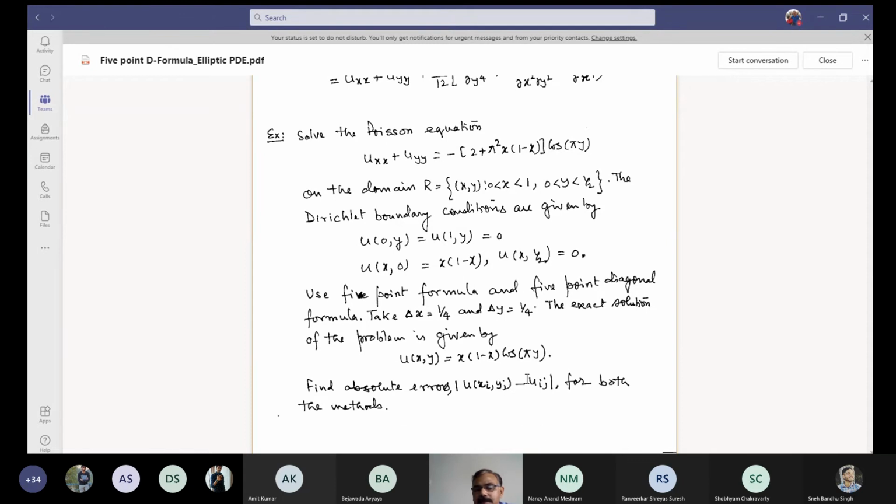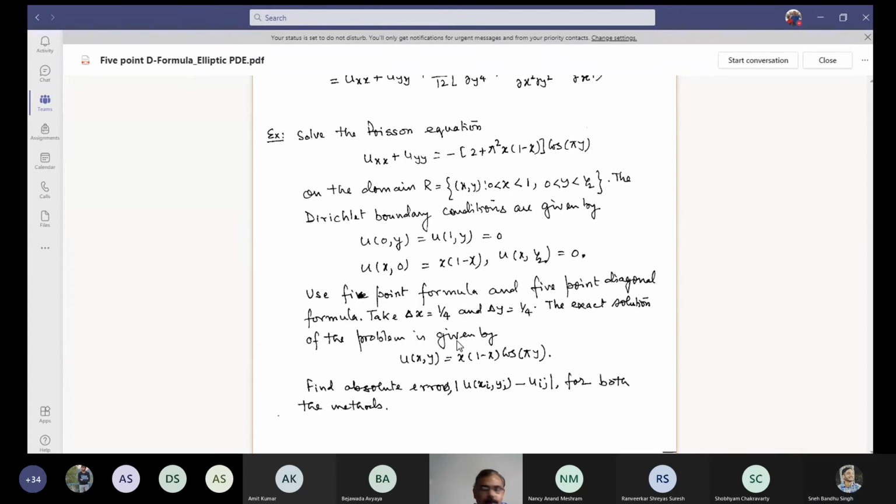Is that right? So in this problem you have to apply both the methods, the normal 5-point formula and then the diagonal 5-point one. Is that clear?